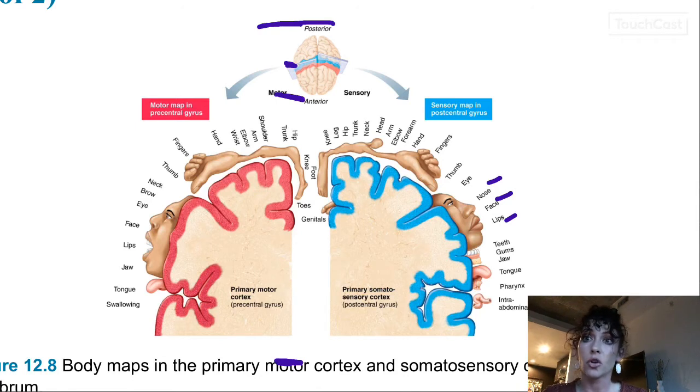So those areas control a larger part of the brain. We see smaller areas, like intra-abdominal, which doesn't really require a lot of fine motor control. Tongue, teeth, and gums take up a little part. We can see our foot and our knee here. And again, the face is taking up a really, really large part of this.